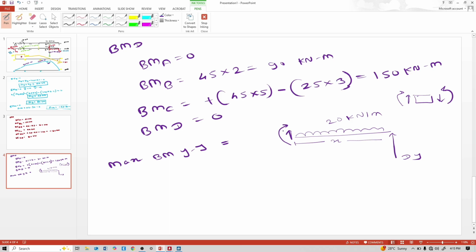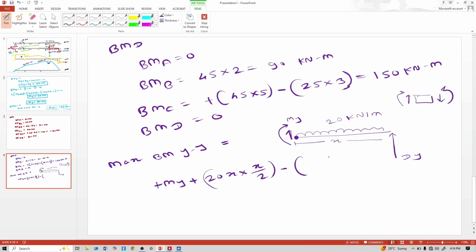This is positive convention. Let's assume this as My. Clockwise, that means positive My. We need to calculate moment at this point, and here it is 0. So positive My. This is also positive, plus 20x into x by 2, and this DY is negative.